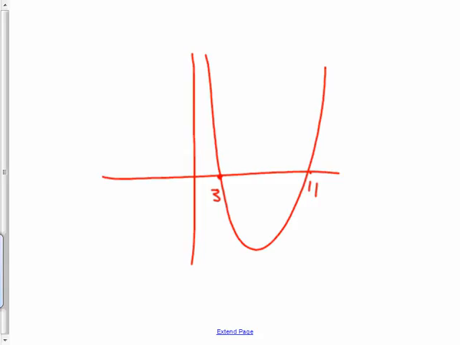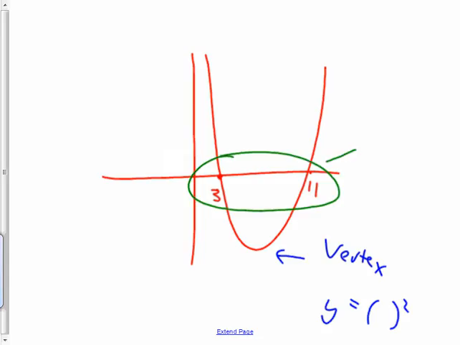Yep, that works nice. And I'd like to know where the vertex is on this puppy. Assume there's no stretches, and obviously there's no flips because it's right side up. And then write the equation for me in vertex form. And then write the equation for me with these two numbers in factored form.